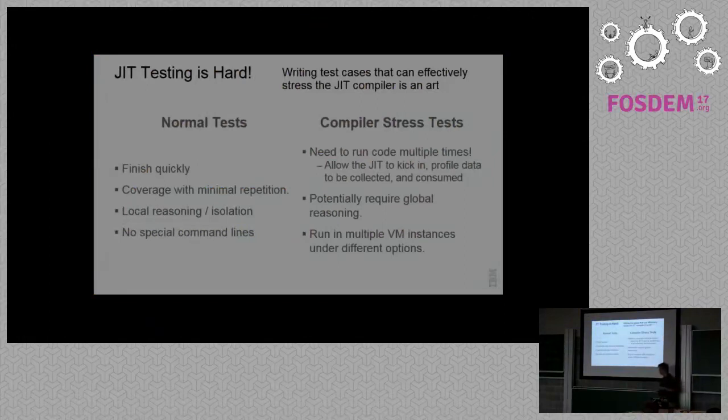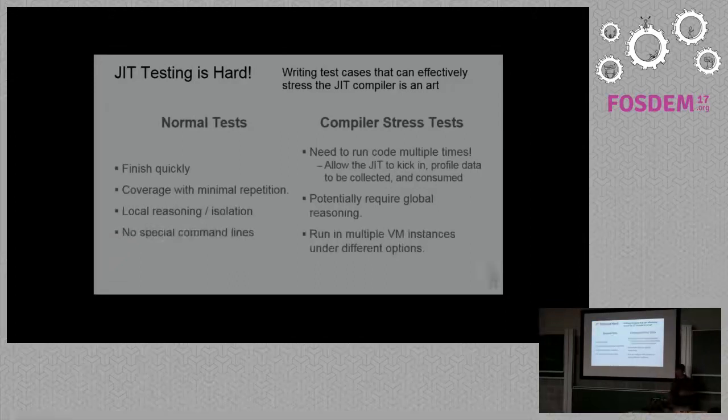When you are testing your normal Ruby program and you write your tests, there's a lot of value and enjoyment that you get from having a fast-running test suite and having coverage, where you get 100% code coverage with almost no repetition. Every single line of your test suite is perfectly nice and valid. You can reason about your test suite very locally. You don't have to do anything special on the command line. You just run rake test or whatever.